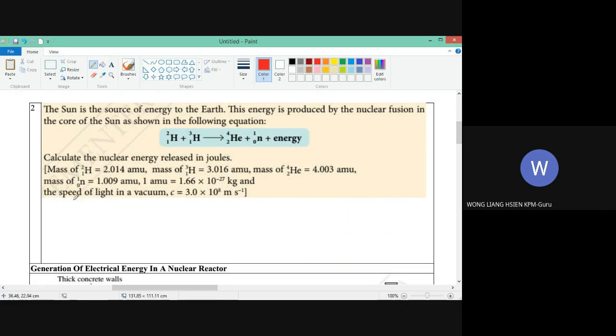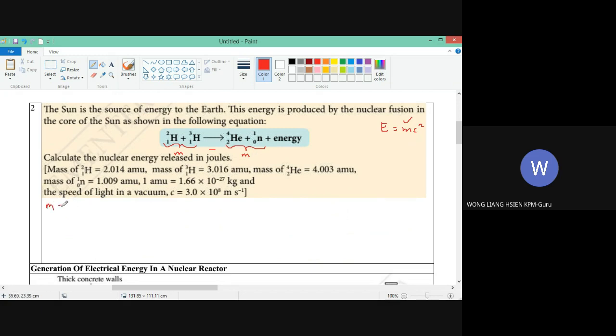Again, to calculate the nuclear energy released, we use E equals mc squared. So we need the mass effect. We take all of this mass minus all of this mass, then we get the mass effect.